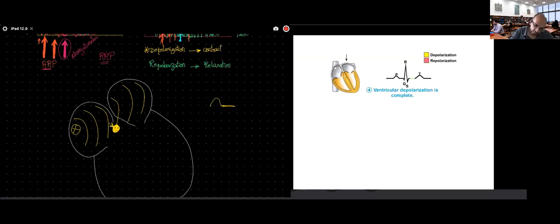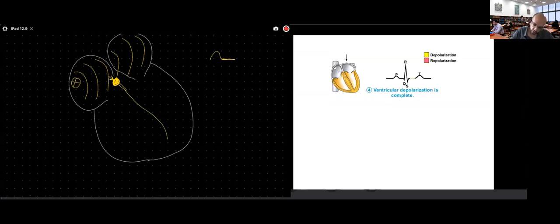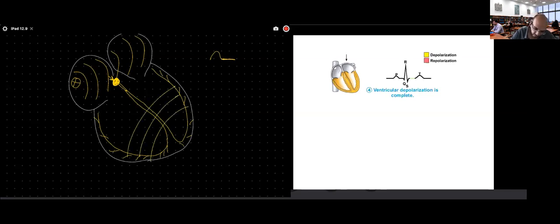And then what? This electrical signal will find its way to the cardiac muscle cells of the ventricles of the heart. So this results in what? This results in depolarization of both ventricles at the same time.